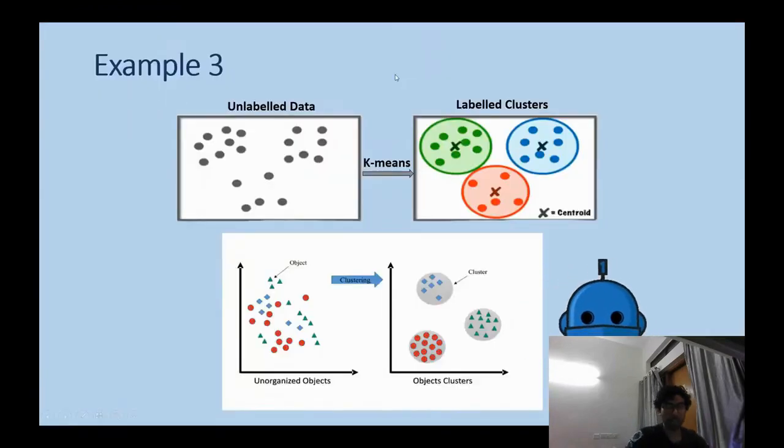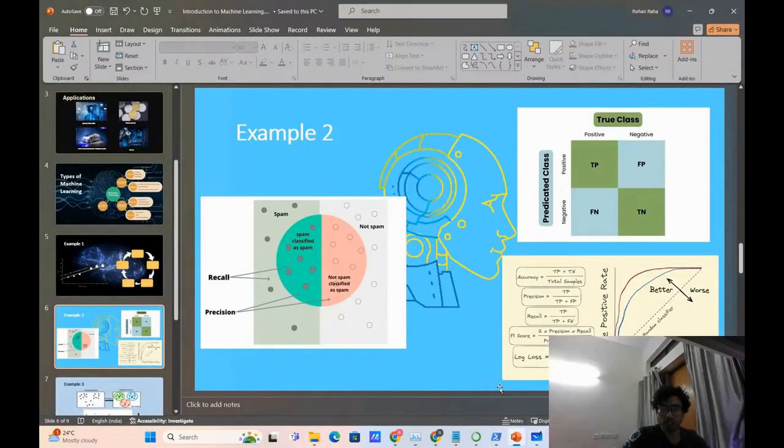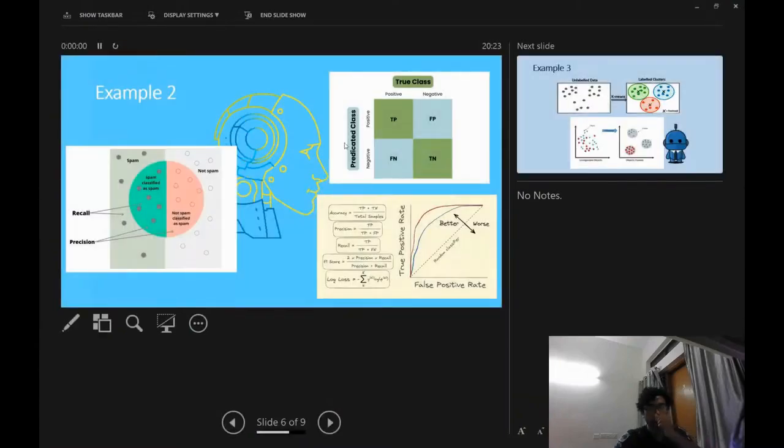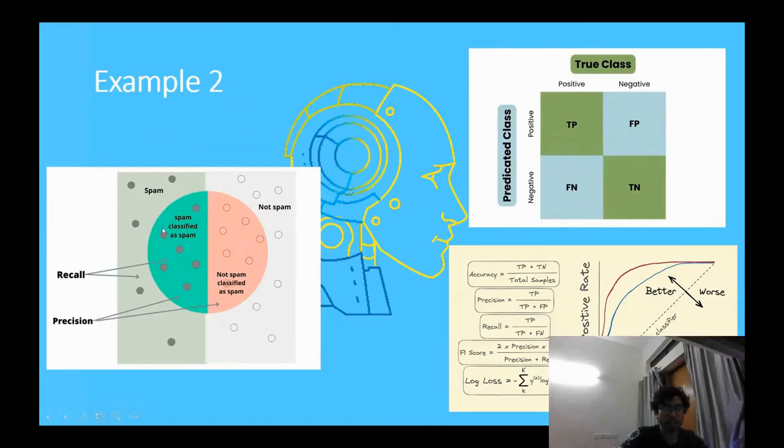So again, I'll go back to my whiteboard. Before that, I just want to explain one thing. In this picture, the hollow circles that you see are not spam, whereas the solid circles are spam.